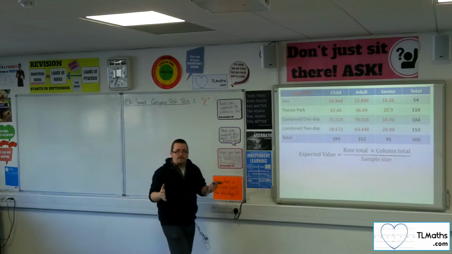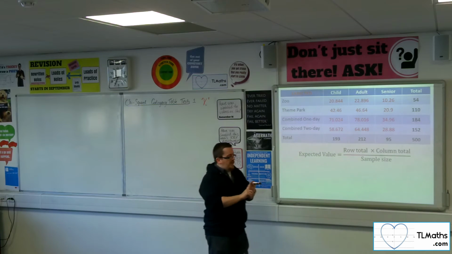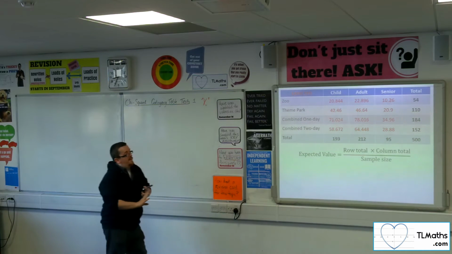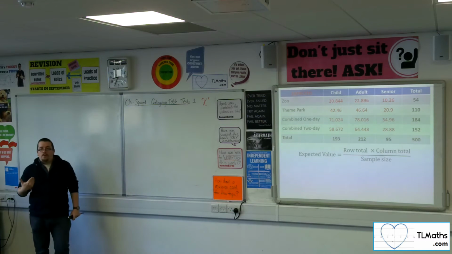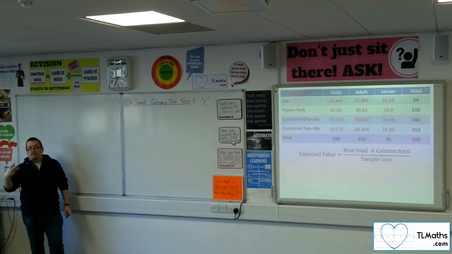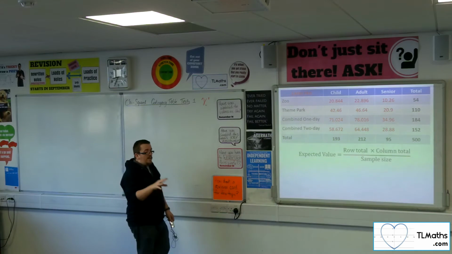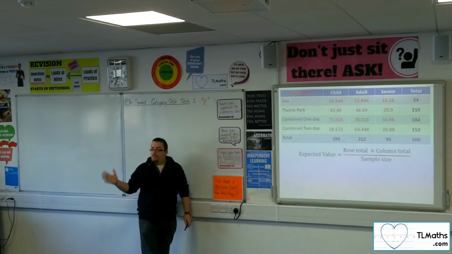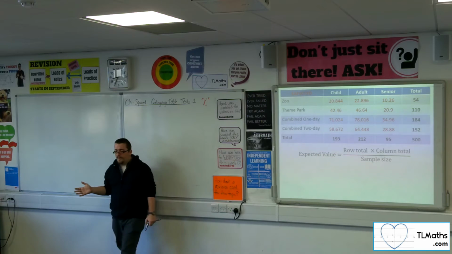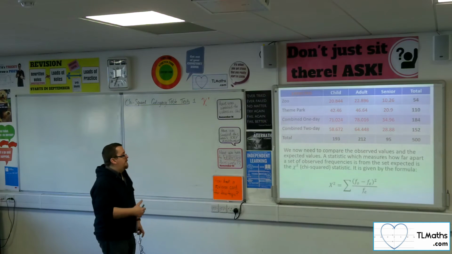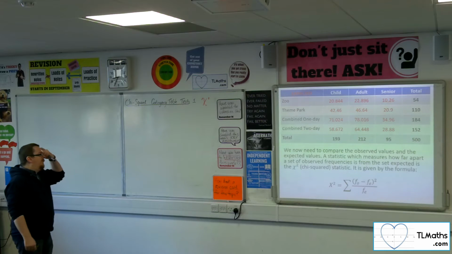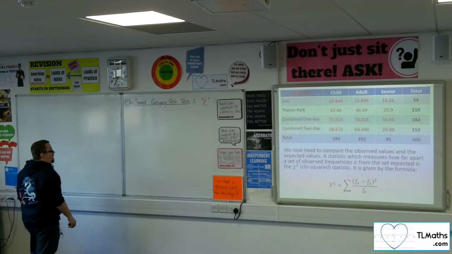So what we've done so far is we added up, got the totals, we've now got the expected numbers. So we've now got two tables, the observed values, the expected values. So we now need to make a comparison between those two, okay? And that's where the Chi-Squared Statistic comes in.